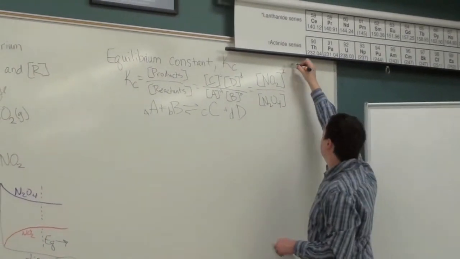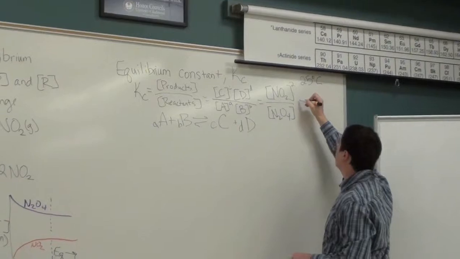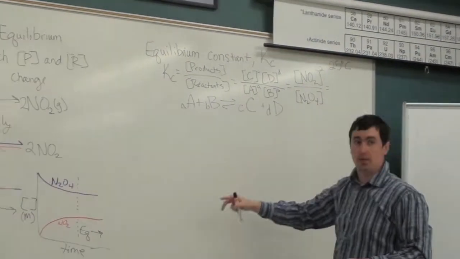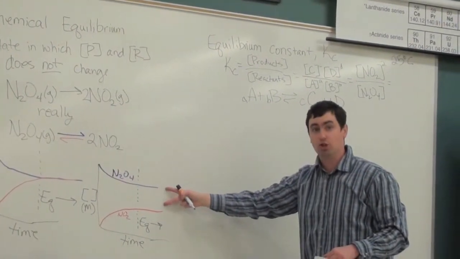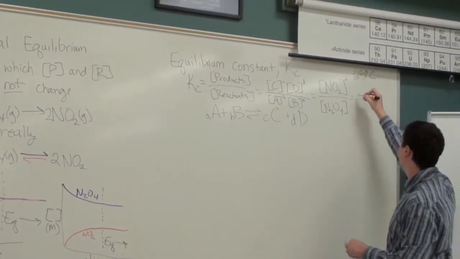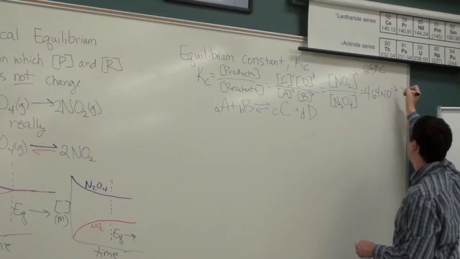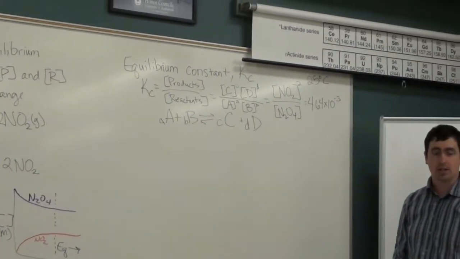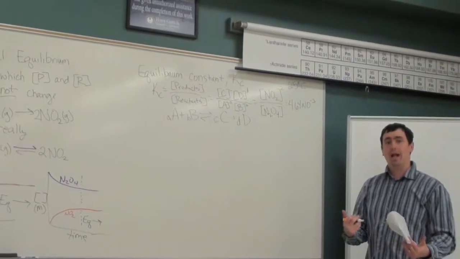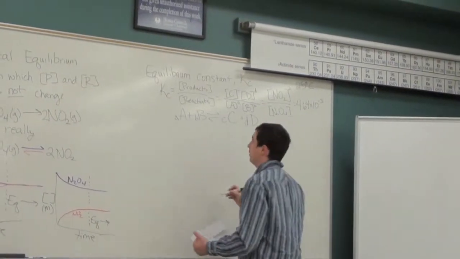At 25 degrees Celsius, this value is a constant because, like I said, the concentrations don't change at equilibrium. So at equilibrium the value is 4.64 times 10 to the negative third at 25 degrees Celsius. But what happens when we're not at equilibrium?